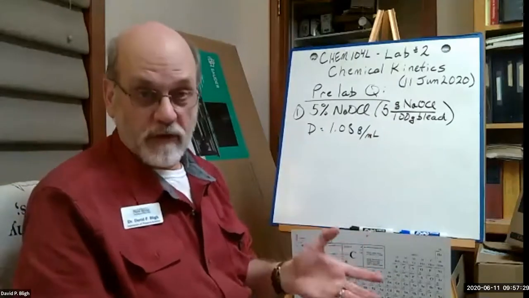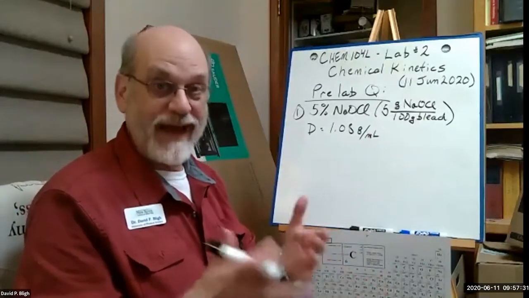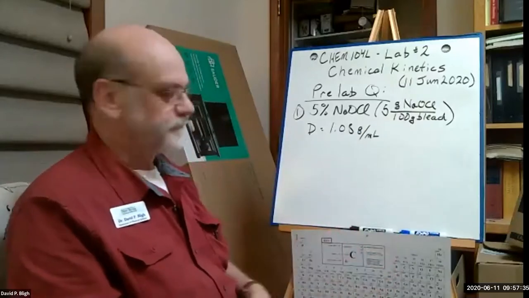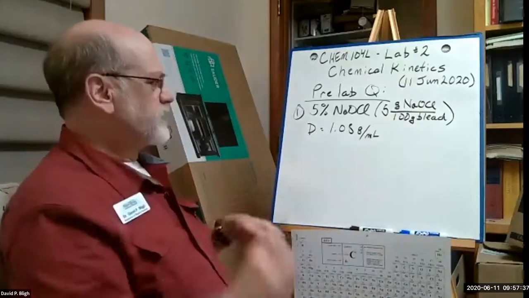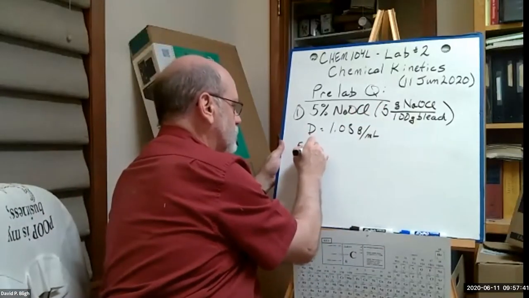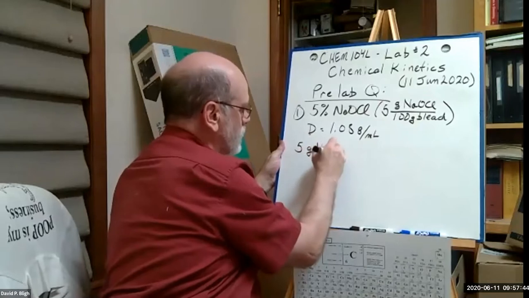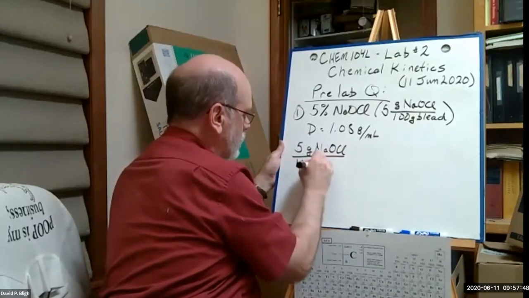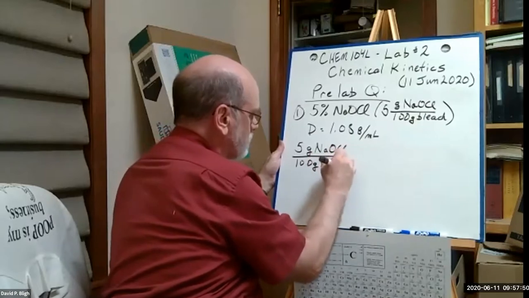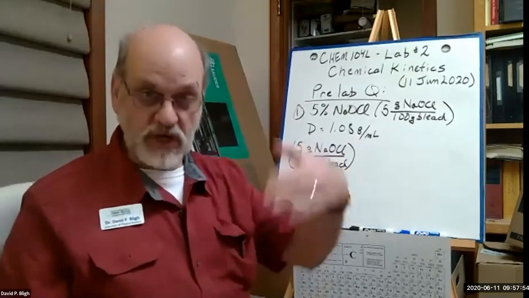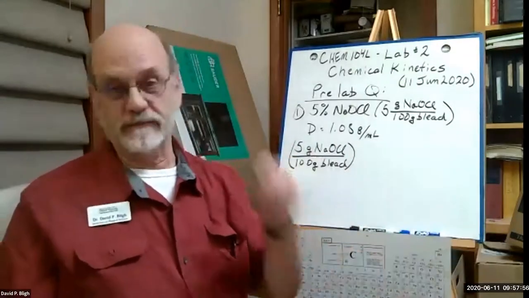You know how to convert that to moles, right? Molar mass. You just need the molar mass of sodium hypochlorite. You got that conversion, right? So if we're starting with 5 grams of sodium hypochlorite per 100 grams of bleach, we're going to chain our conversion factors together, right?